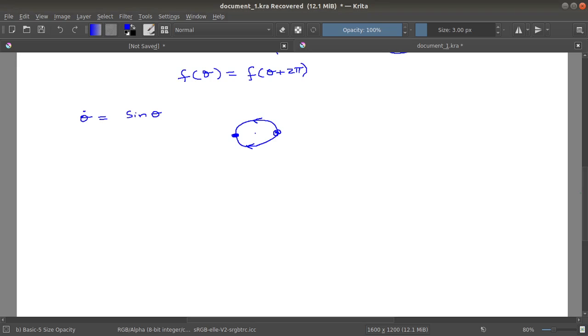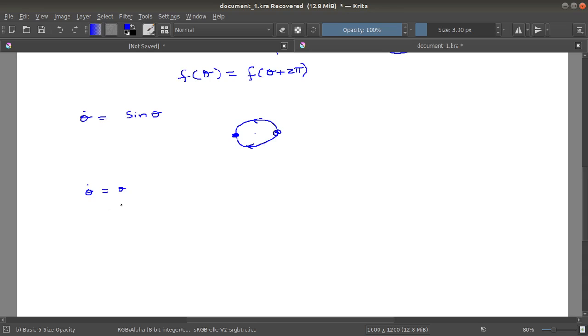Let's see another example. Let's say theta dot is equal to just theta. Let's make it further simple.